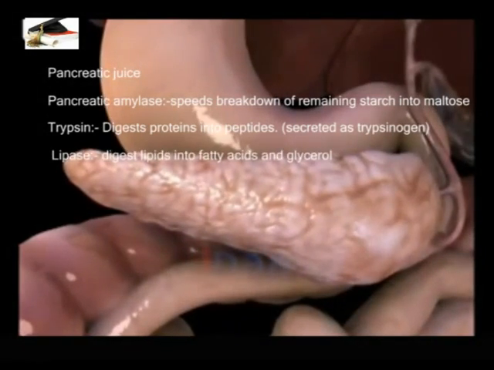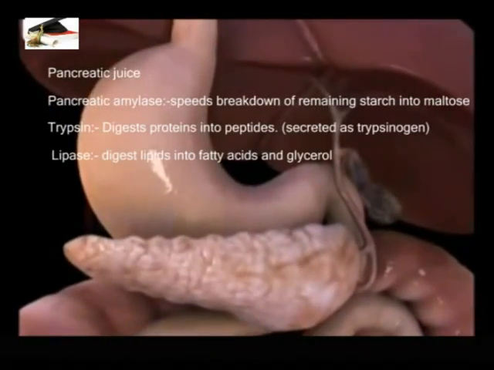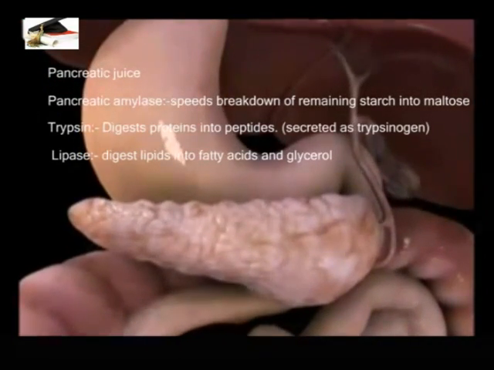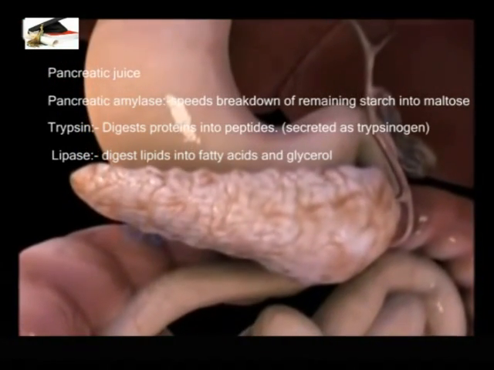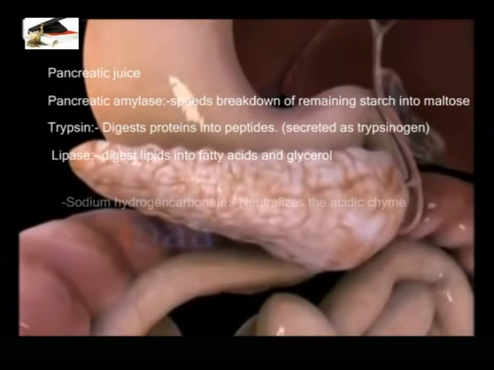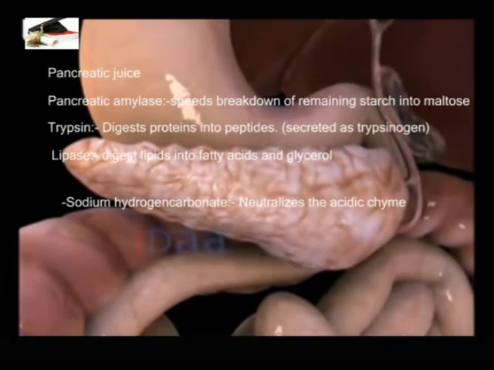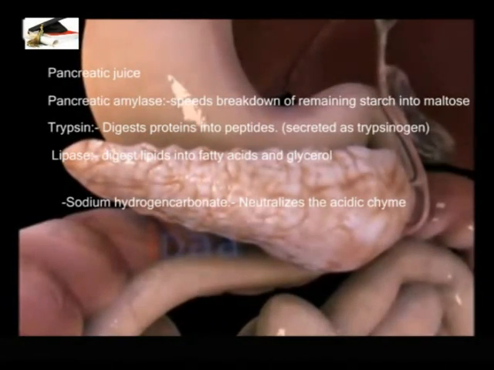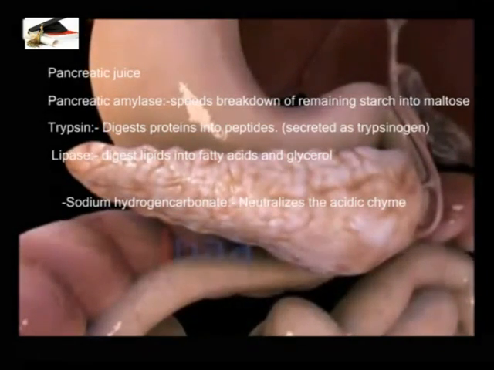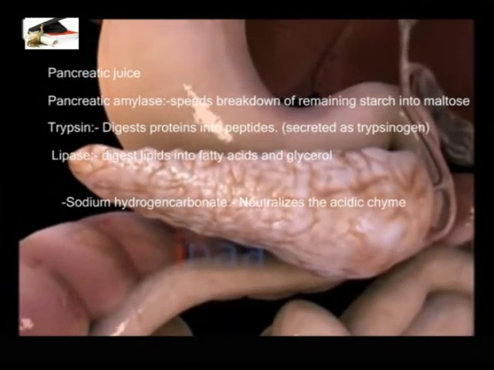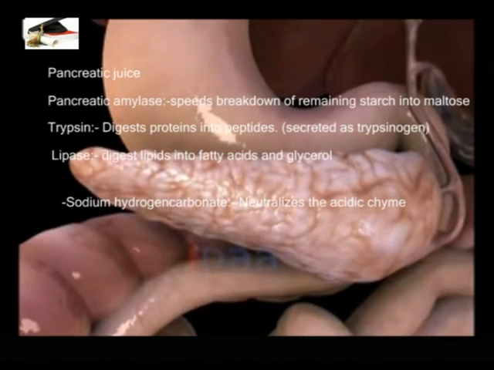Pancreatic lipase digests lipids to fatty acids and glycerol. Also produced by the pancreas is sodium hydrogen carbonate, which neutralizes the acidic chyme and creates a suitable alkaline medium for pancreatic and intestinal enzymes.